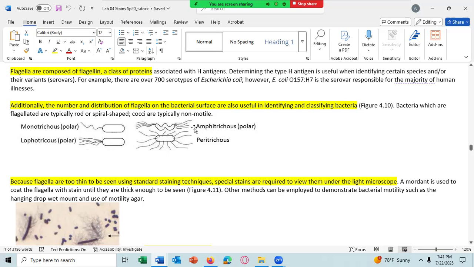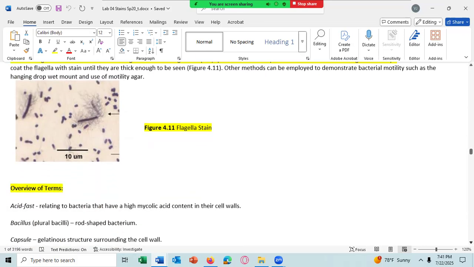Some of the cells will be amphitrichous, some peritrichous, having flagella all over the place. But some of them within the peritrichous species will be amphitrichous, and some will be lophotrichous, and some will be monotrichous, and some will have no flagellum on the bacteria, even though they're all the same species.